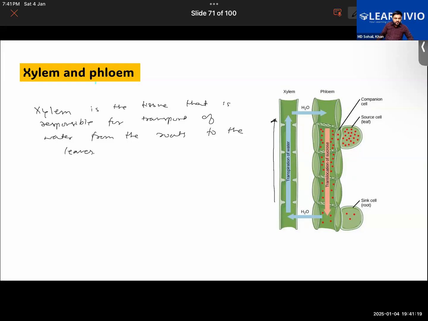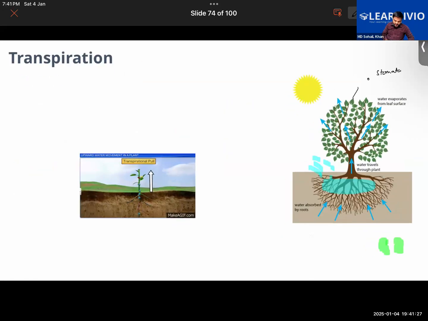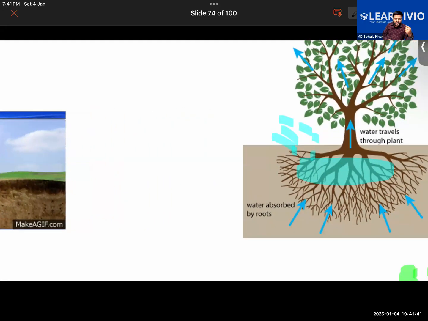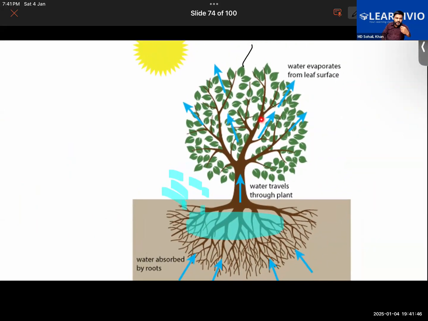Also, this movement of water in the xylem tissue occurs with the help of transpiration. As you can see here, an upward pull is required for the movement of water from the roots towards the leaves. That pull is created because of evaporation of water from the surface of the leaves.